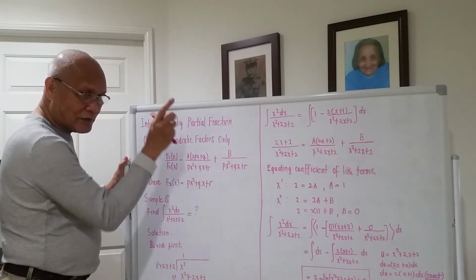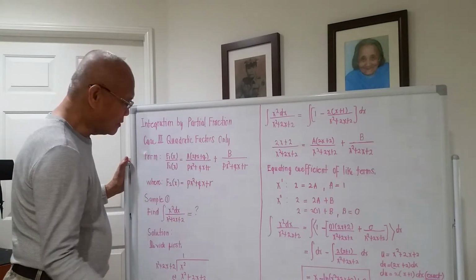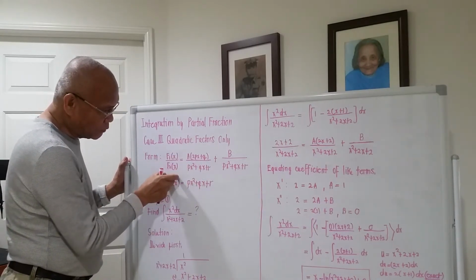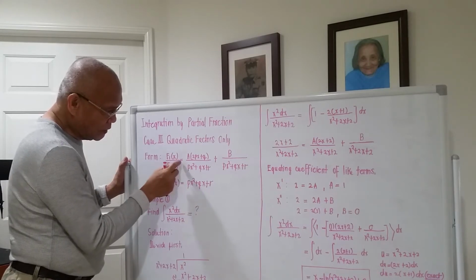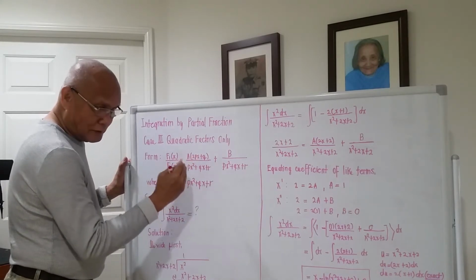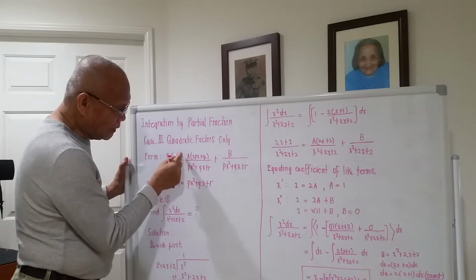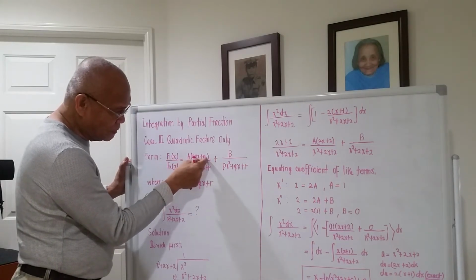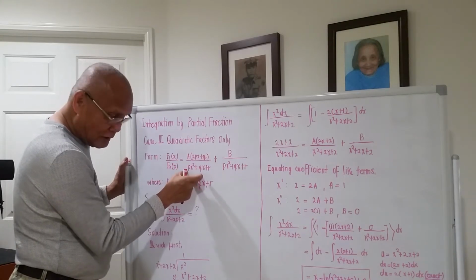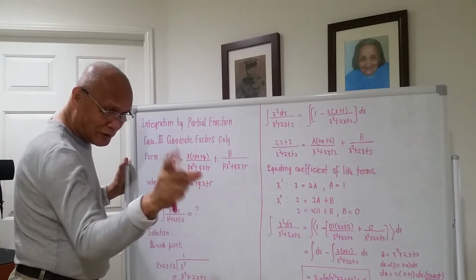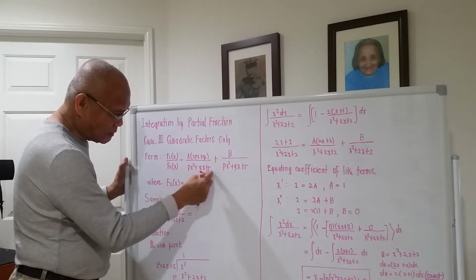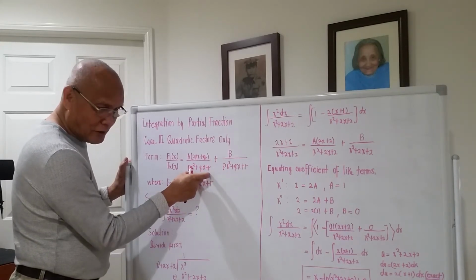The form under case number 3 will be something like this: f1 of x over f2 of x equals, on the right hand side, a times the quantity 2px plus q. The denominator is now the quadratic factor, px squared plus qx plus r. This is a quadratic equation.